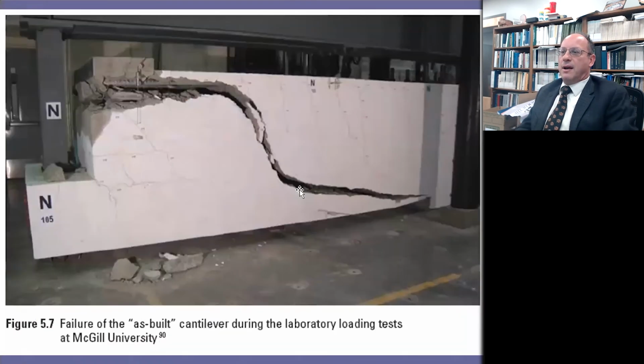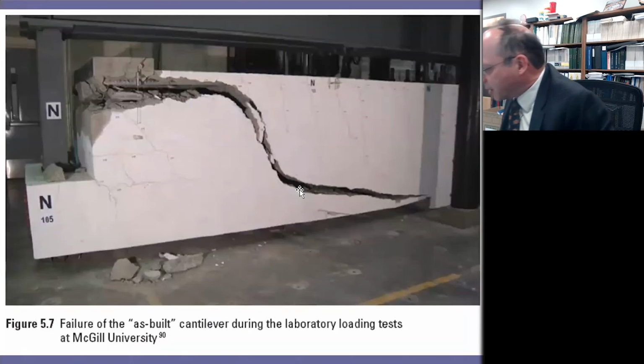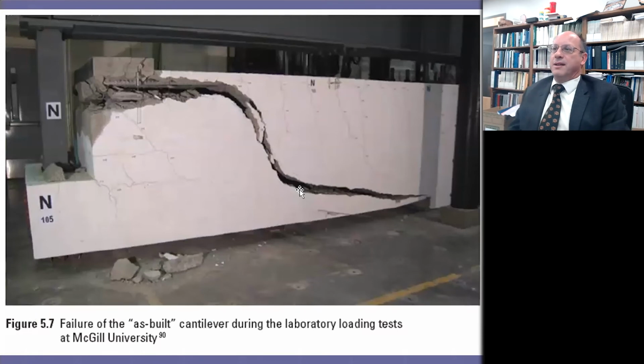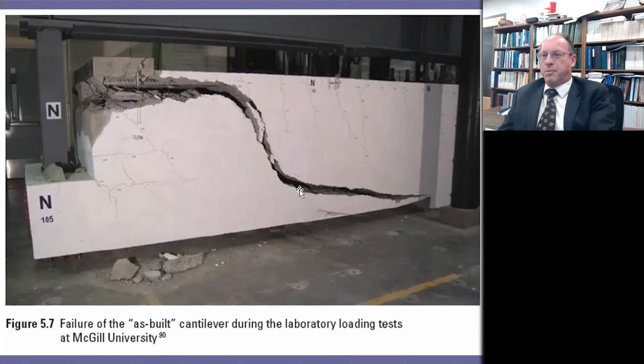And so there were some laboratory tests carried out at McGill University looking at both as designed and as built. I think actually, if you look in the investigation paper, the as built actually held more load than the as designed, which is kind of bizarre, but it was much, much less ductile, which is of course a problem.